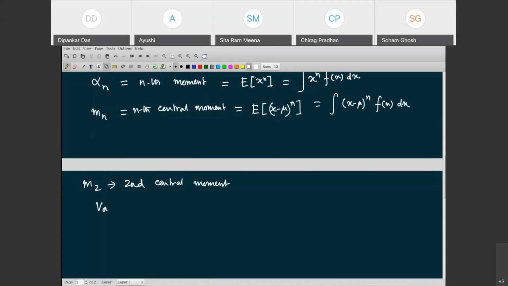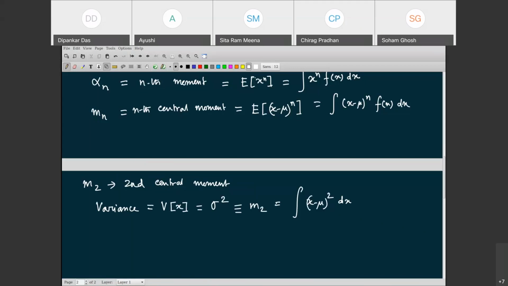The variance, which I usually denote by V(x), and sometimes also denoted as sigma square, is equivalent to m2, that is basically the integration of (x minus mu) whole square times f(x) dx.